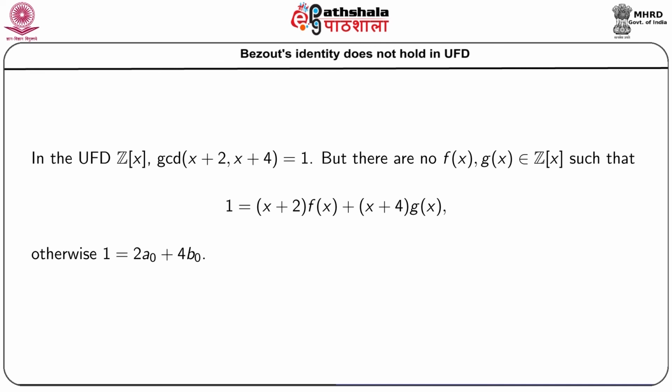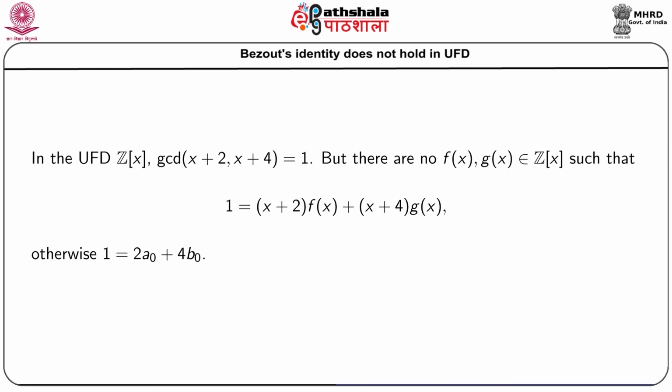Consider two polynomials x plus 2 and x plus 4 from Z[x]. Then it is easy to observe that their GCD is 1. I show that 1 cannot be expressed as (x plus 2) f(x) plus (x plus 4) g(x).